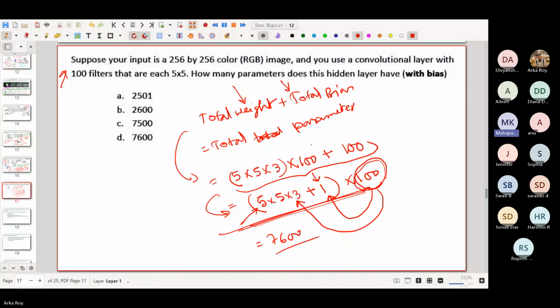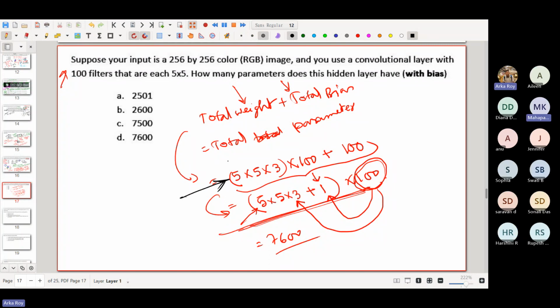The next line you wrote 100 as a 1. Can you explain again, sir? Okay, so have you got this line? How this line is coming? Based on the equation, you got this?